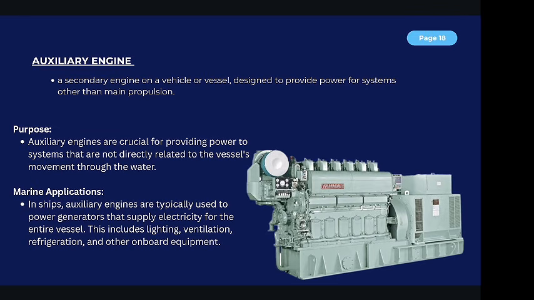The purpose of this is providing the power and is not directly related to the vessel's movement through the water. In ships, the auxiliary engines are typically used for power generators that supply electricity for the entire vessel.